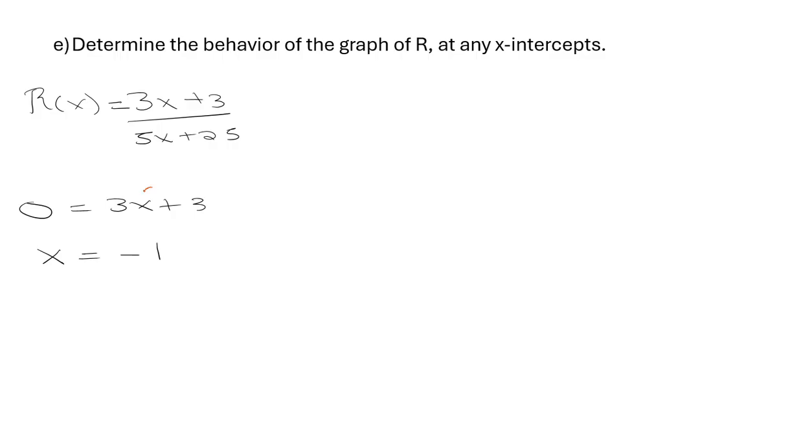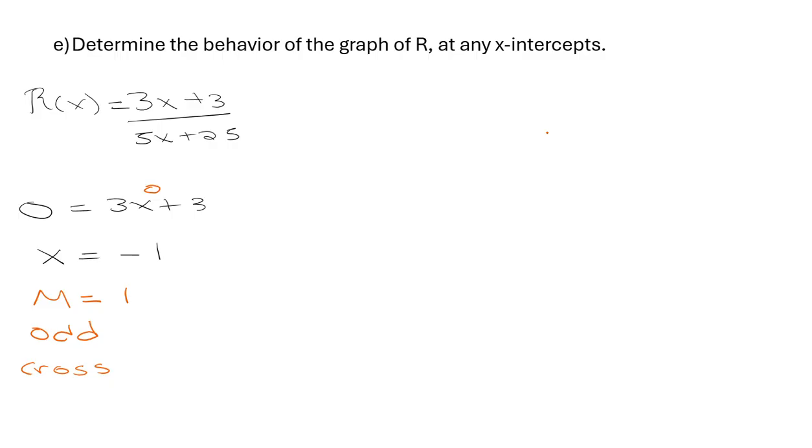The highest exponent here is 1. We don't see it, but we know it's there. That means I have a multiplicity of 1. 1 is an odd exponent, therefore it will cross the x-axis. So at negative 1, it will cross the x-axis. There are no other x-intercepts, so that's that for this part.